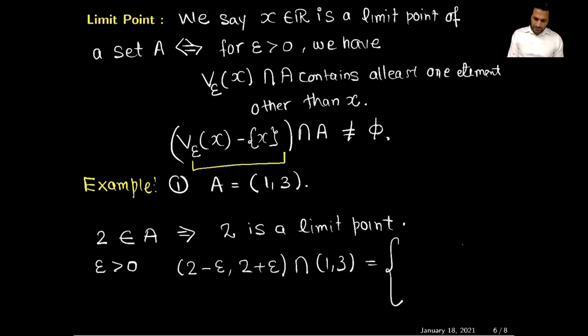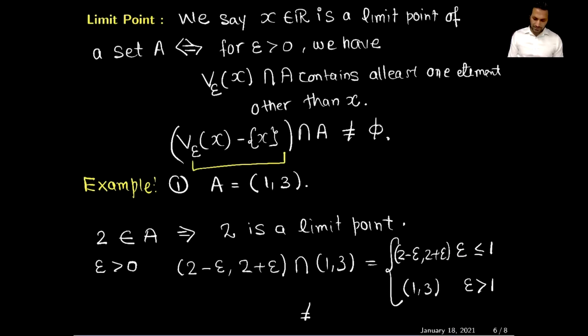If I take epsilon less than or equal to 1, my intersection will be 2 minus epsilon and 2 plus epsilon. And if I take epsilon strictly greater than 1, then the intersection will be 1 comma 3. In both cases, this intersection contains at least one element which is not equal to 2.